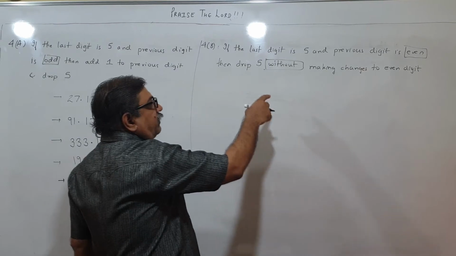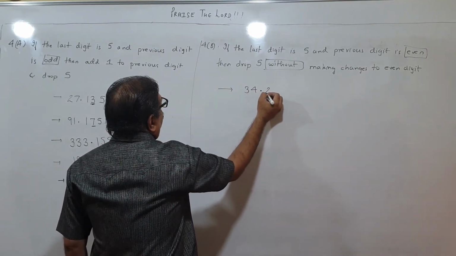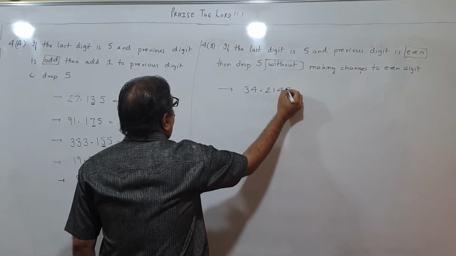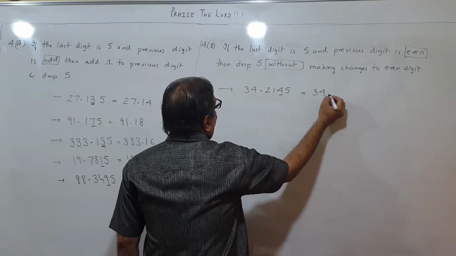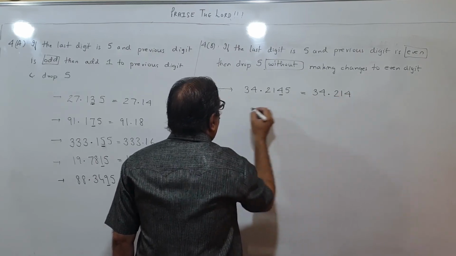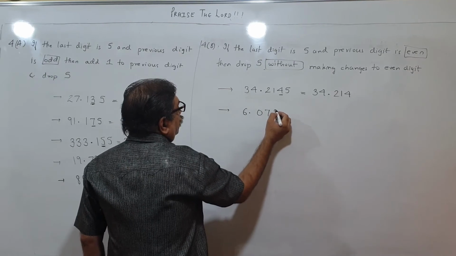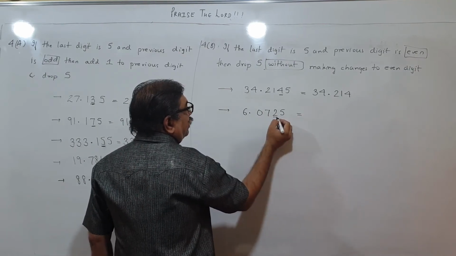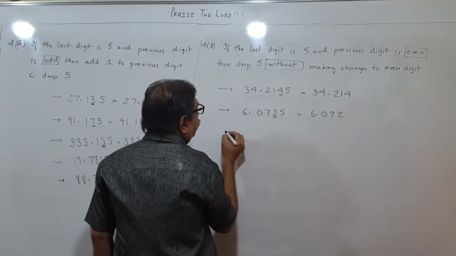If the last digit is 5 and the previous digit is even, supposing 34.2145, this is an even number, so this becomes 34.214. If I am having 6.0725, this is even, so 6.072.